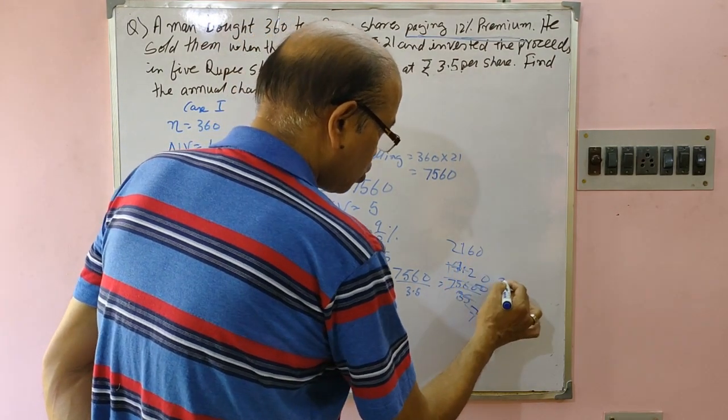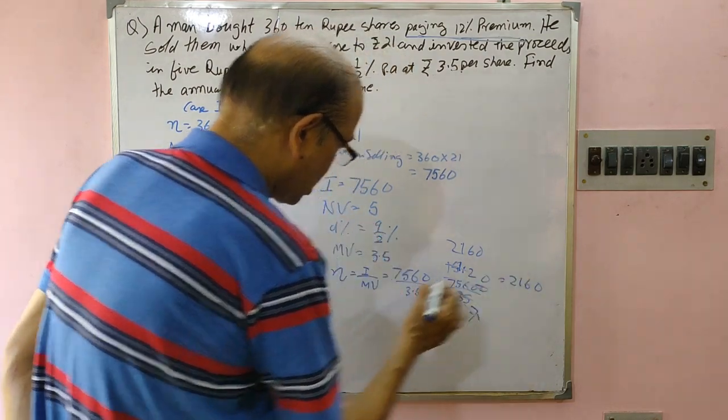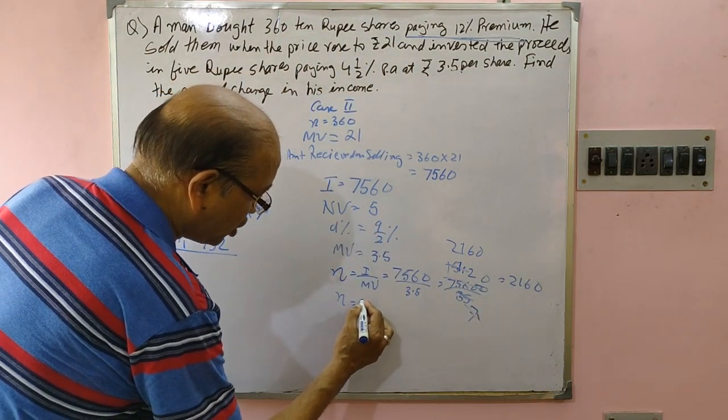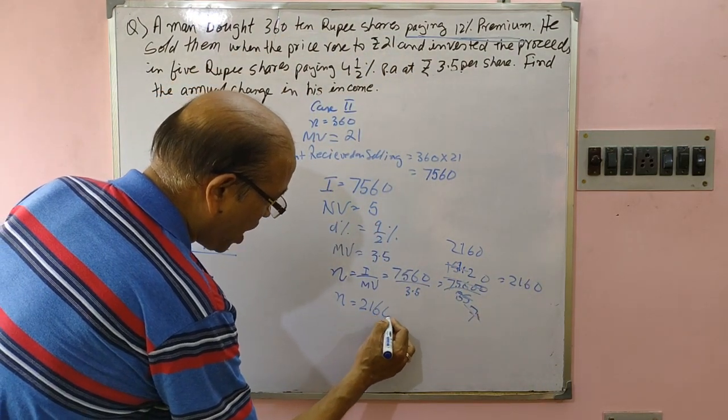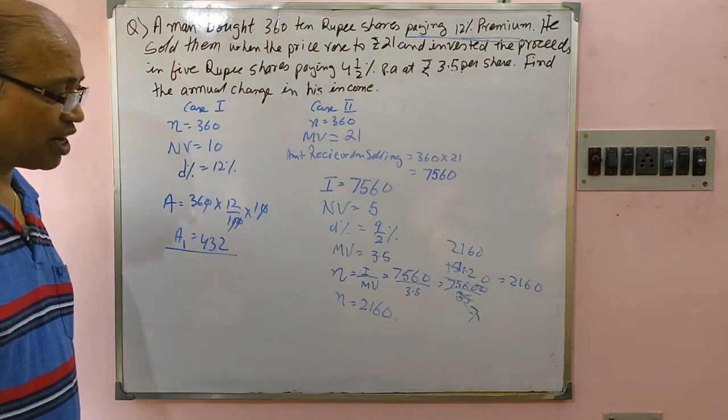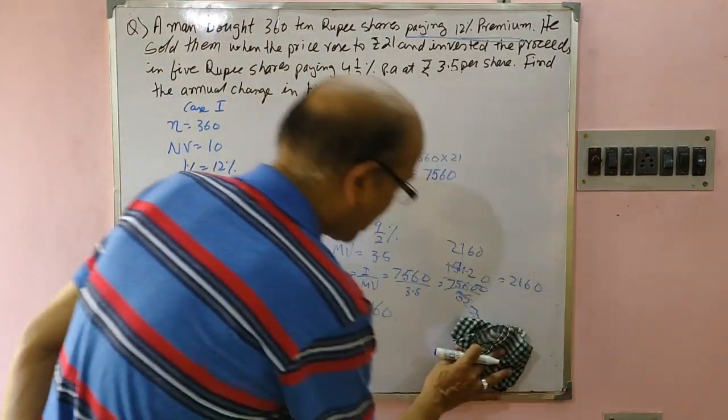So 2160. That means the number of shares he bought is 2160 shares.